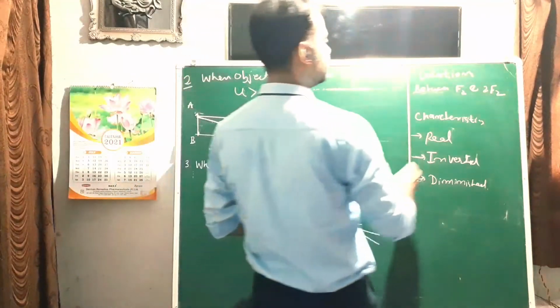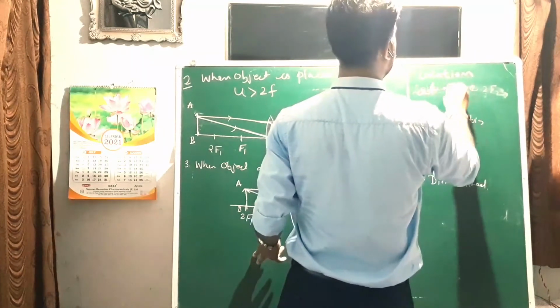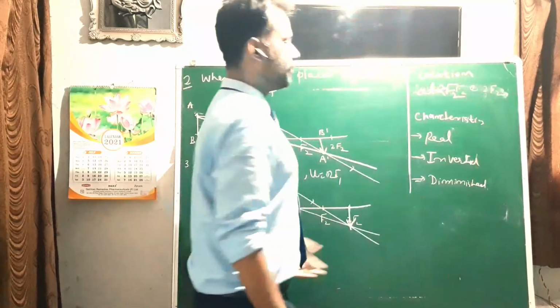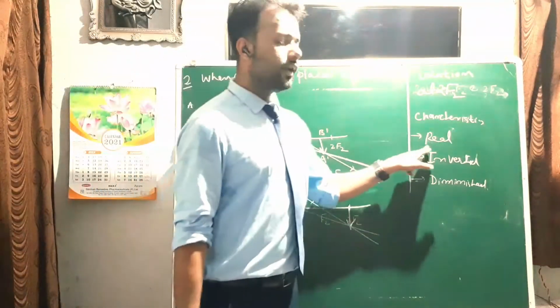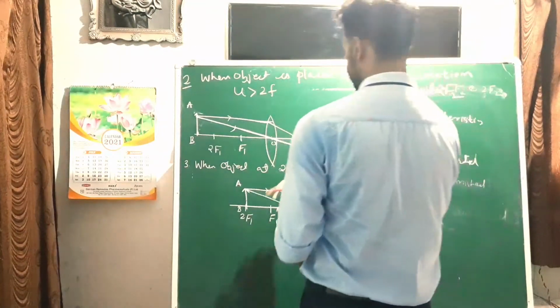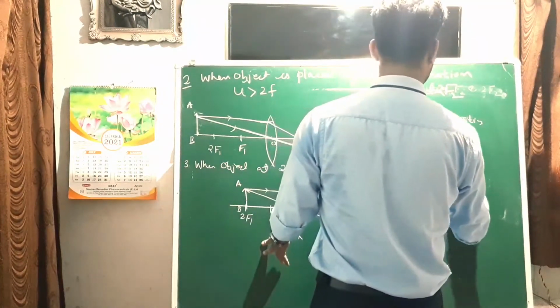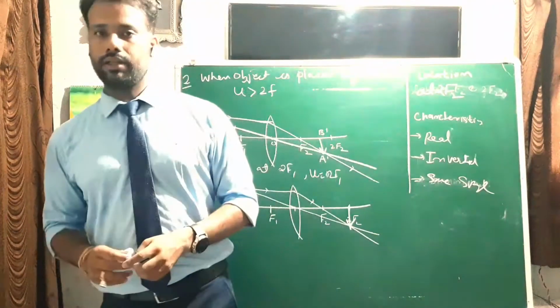So location is at 2F2, and the image characteristics: real, yes; inverted, yes; but it's not diminished. It is of the same size. Same size, right?